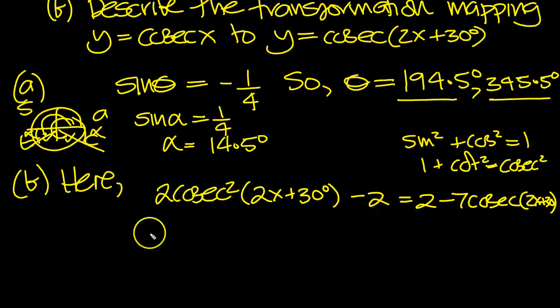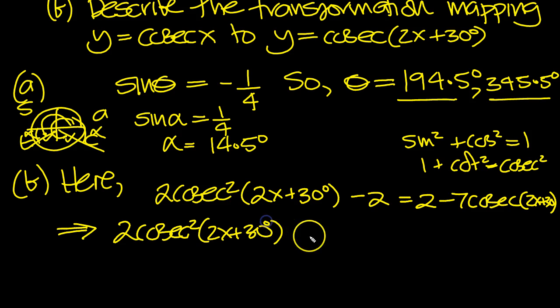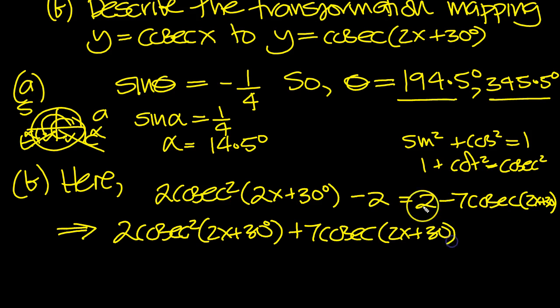So let's just tidy everything up. We get 2 cosec squared plus 7 cosec of the angle, and then move the 2 over to make another minus 2, to make minus 4, equals 0. So we should be able to factorize this hopefully.